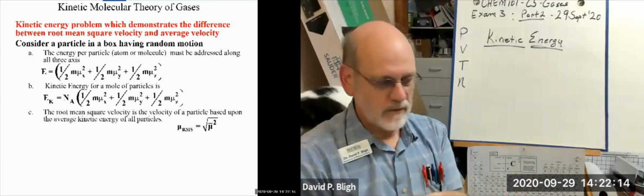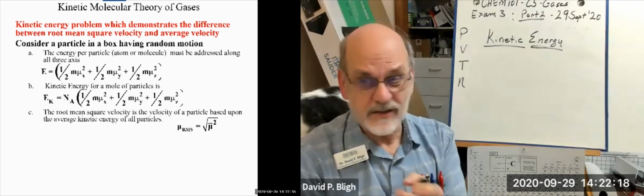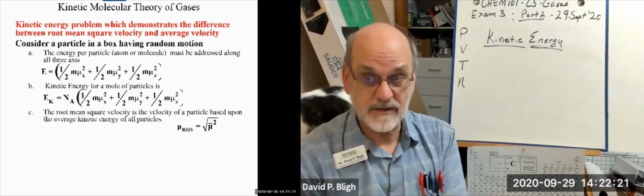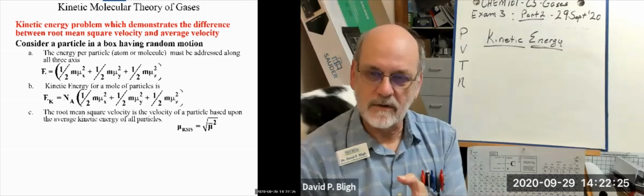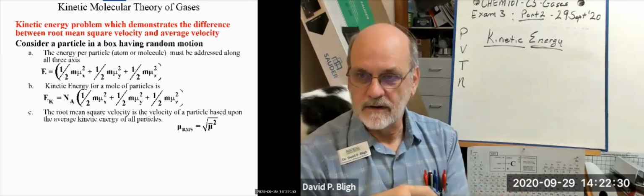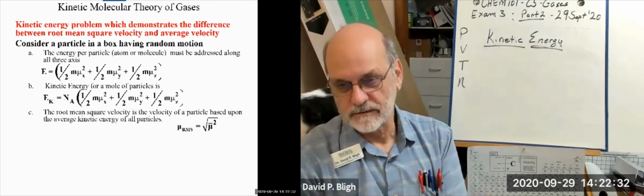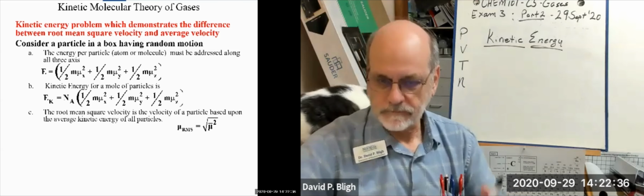Well, the problem with that is, once you've got that squared number, it doesn't represent the original, because it's squared. So once you've got that squared number, then you take the square root of it. And now you've still got a positive number. So in physics, we use root mean square to calculate the value that's closer to the true velocity.